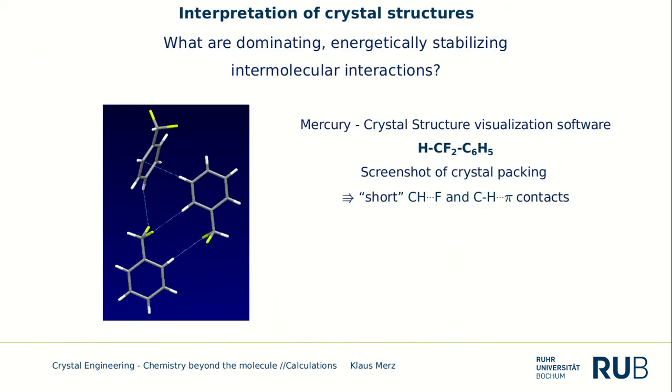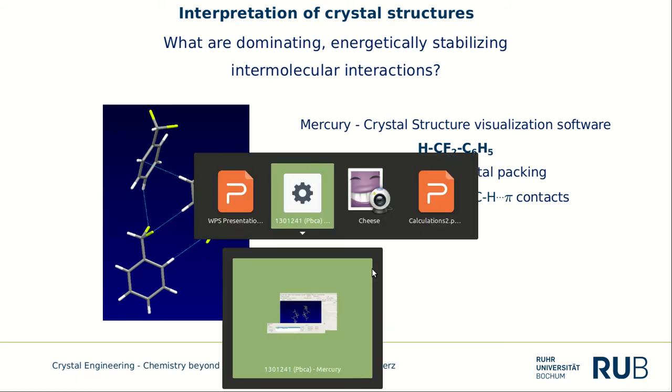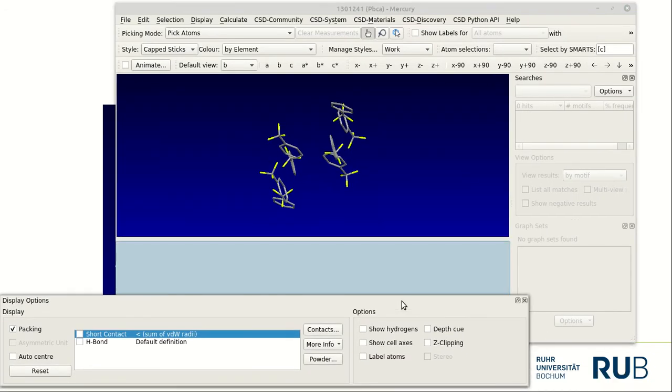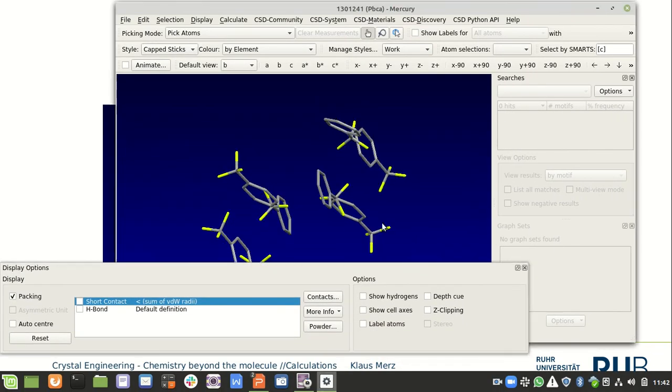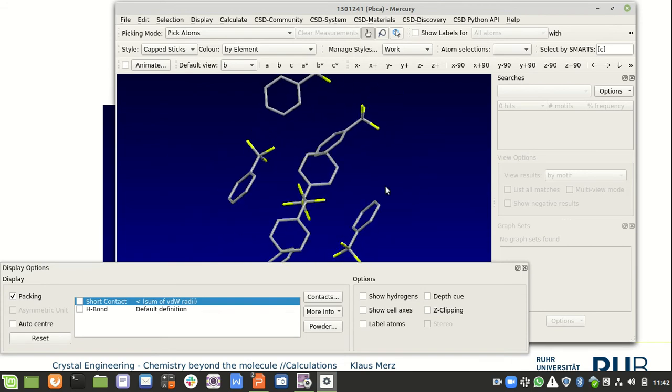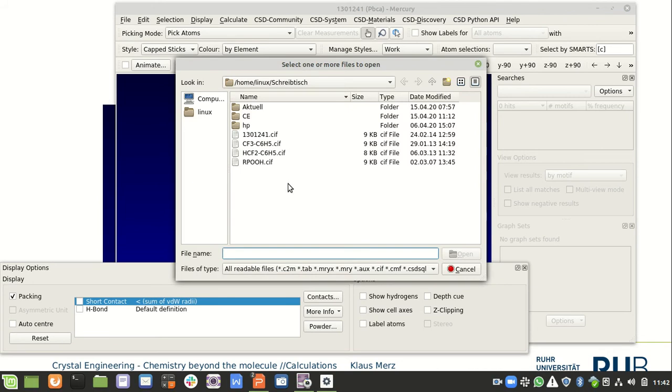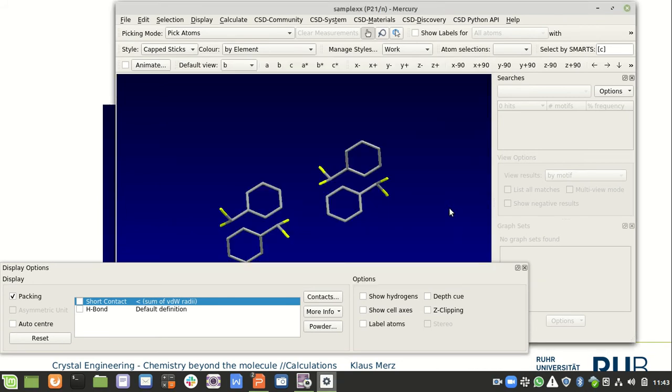Okay, going on. The question is, how can we use it? Computational methods. Well, I, and hopefully you also, are using Mercury to visualize crystal packing. Let's visualize the crystal packing of this compound.